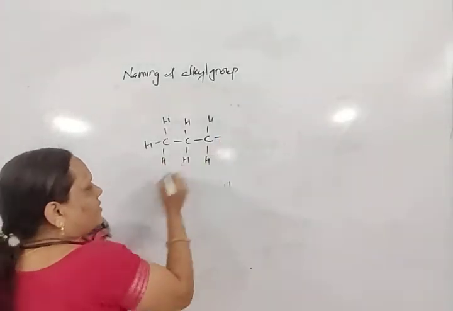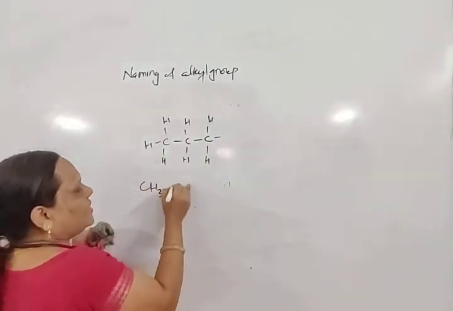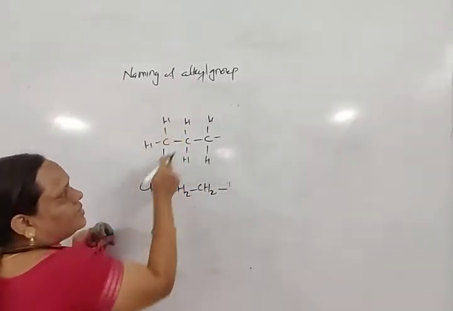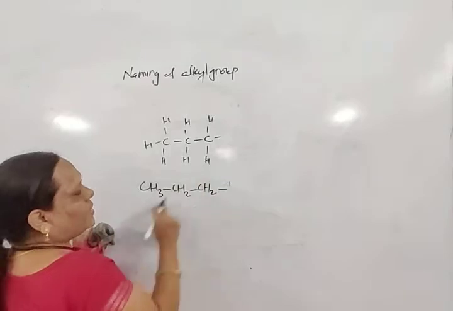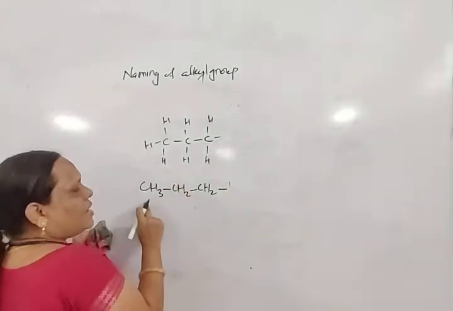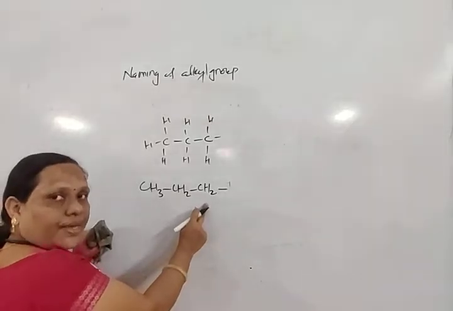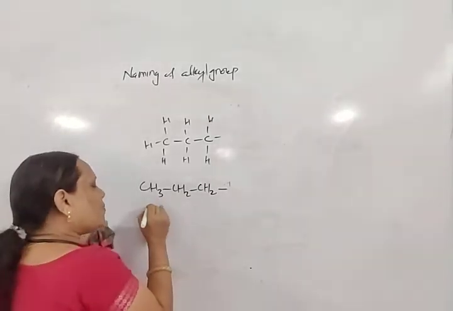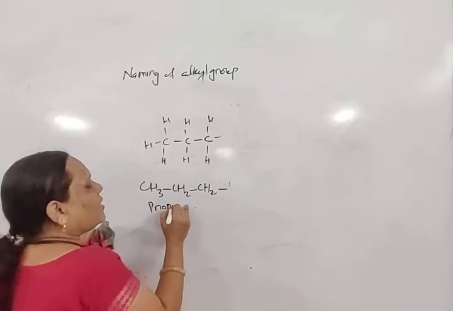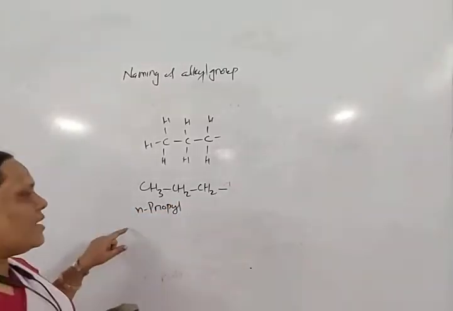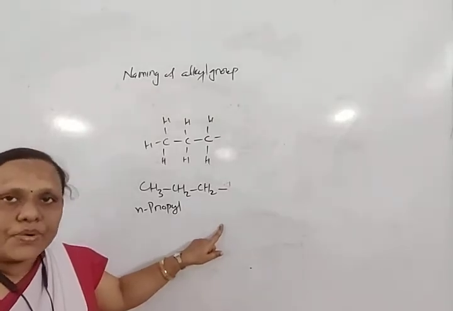So we can write this as CH3CH2CH2, with one bond to link with another group. Three carbons are here, and this is known as propyl. This is the normal chain, also known as n-propyl.